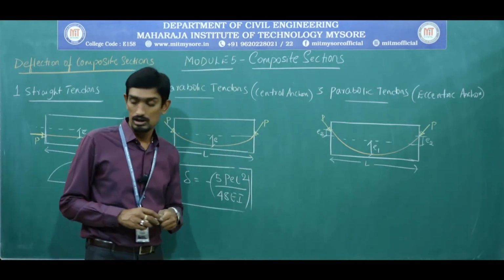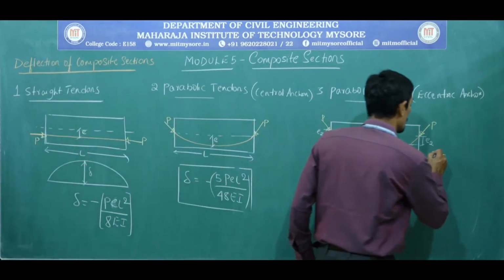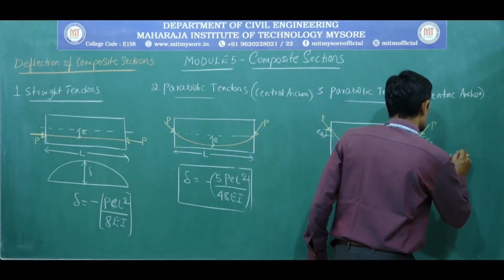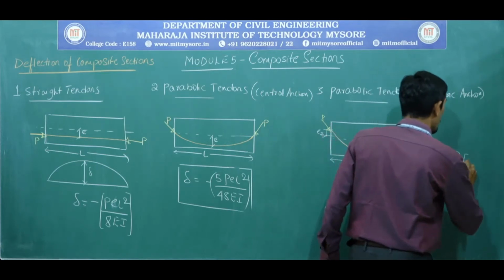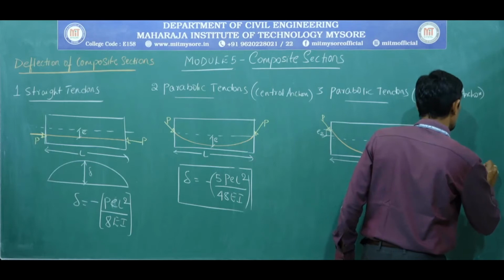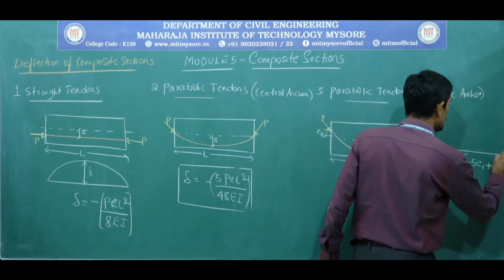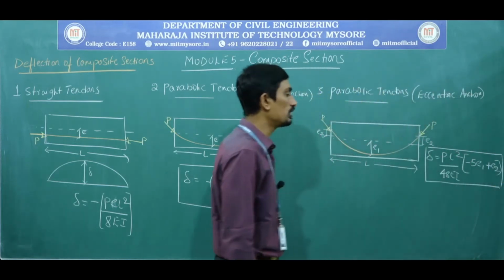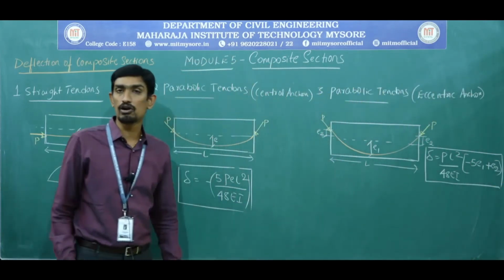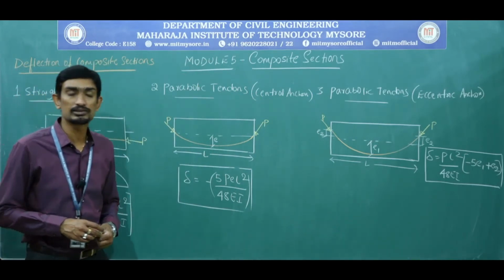Here also the formula will be PL square by 48 EI, in the bracket minus 5E1 plus E2. I have taken the negative inside, hence the formula is delta equal to PL square by 48 EI multiplied by minus 5E1 plus E2.